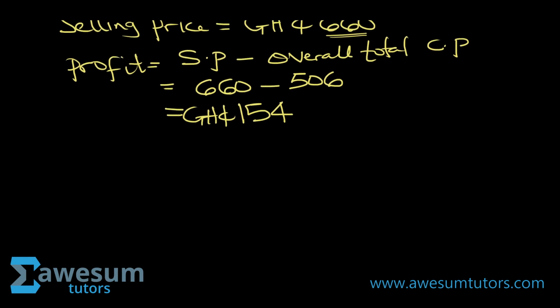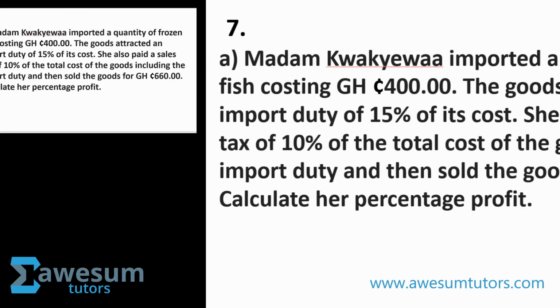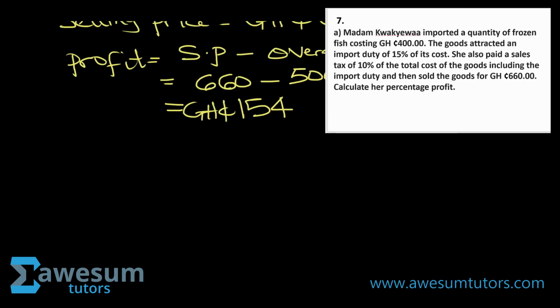But the question says that we should calculate our percentage profit. Very good. We are almost there. Since we already got the profit, now it's so easy to calculate our percentage profit.